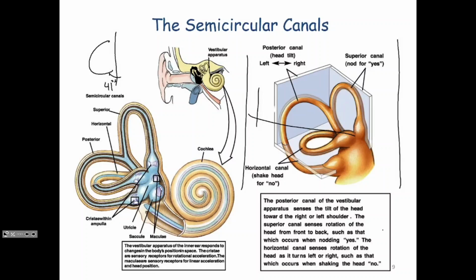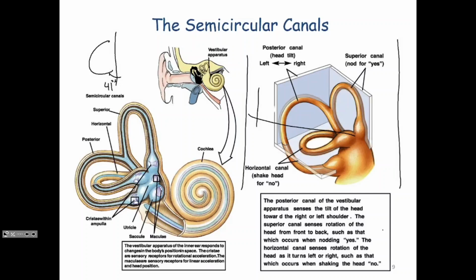So in all three axes, these canals can detect movement. If you are moving towards the right, the right horizontal canal is activated and the other one would be inhibited. So this is how the brain gets the information: moving towards right, the right becomes activated, the left becomes inhibited.